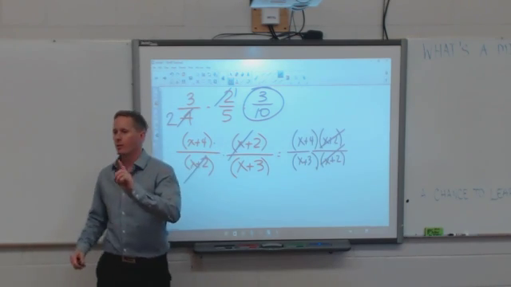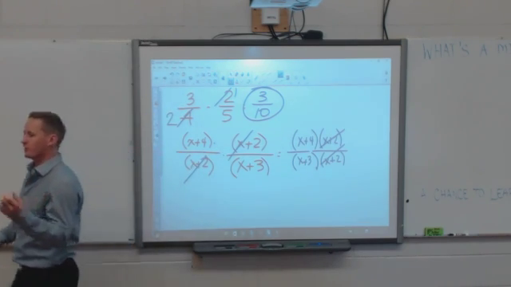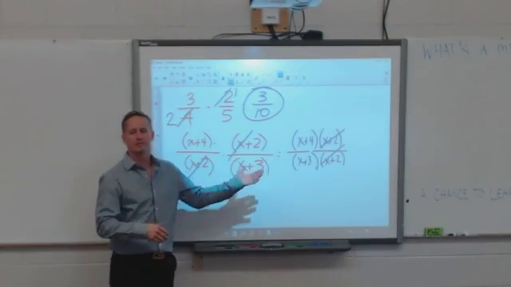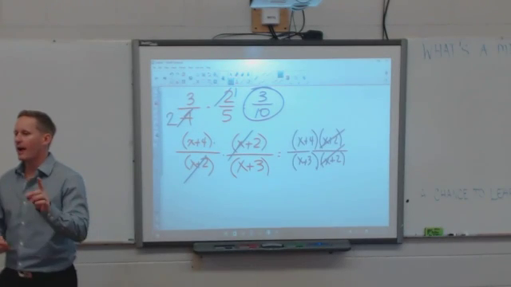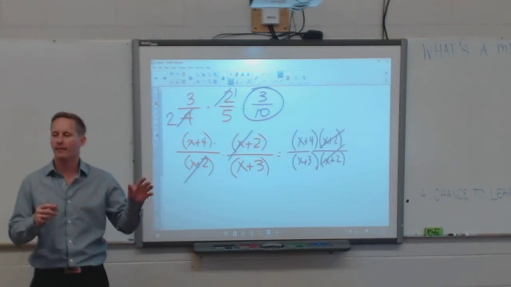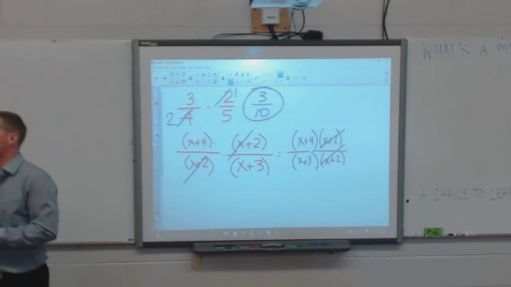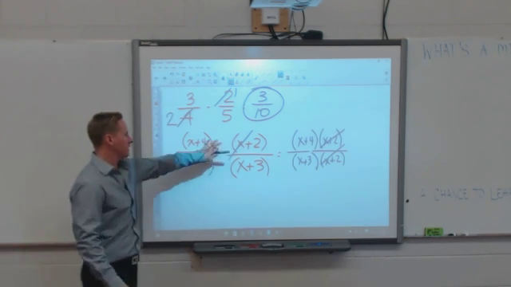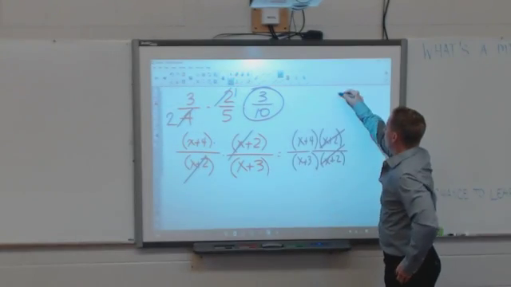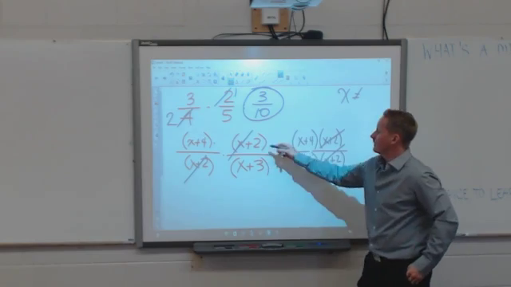Now, there is one thing. This is a simplified expression that I asked you to do. We're going to get quadratic equations, factor them, and make them simplified. But again, I have to identify, just like you did in the last section, the restrictions on it. So the very first thing I do is find the restrictions, before I do anything. What can x not equal in this?